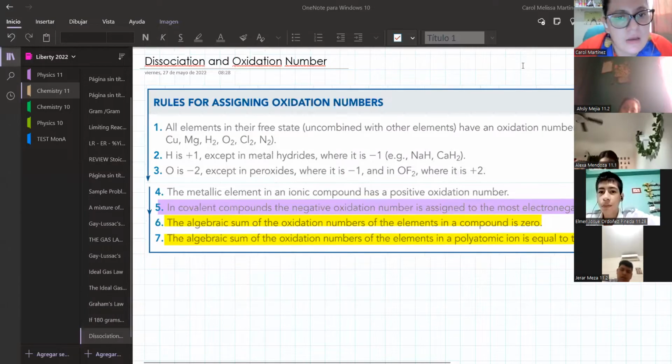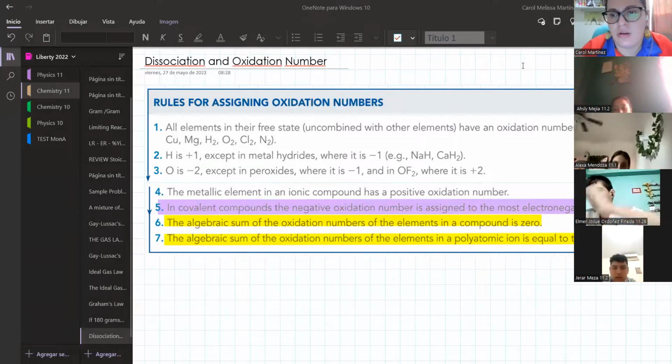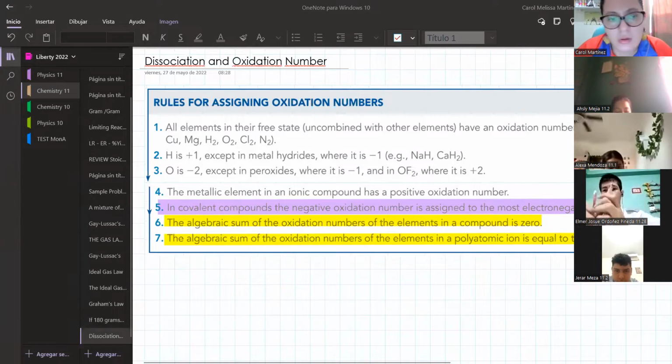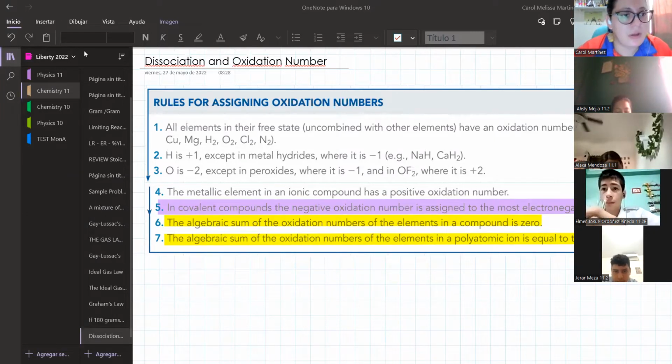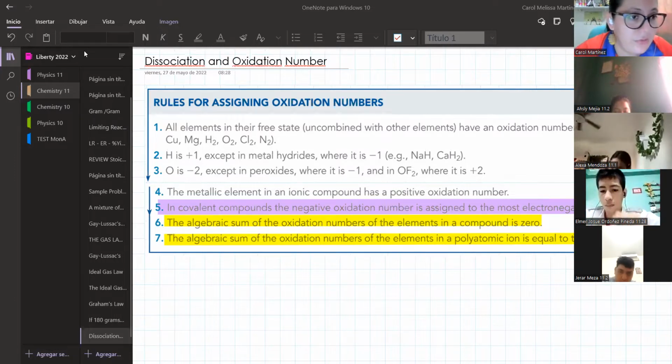Okay, so as a review, we have these rules for assigning oxidation numbers. I know I taught this topic already. Remember that all elements in their free state, which means they are not combined with other elements, have an oxidation number of 0.